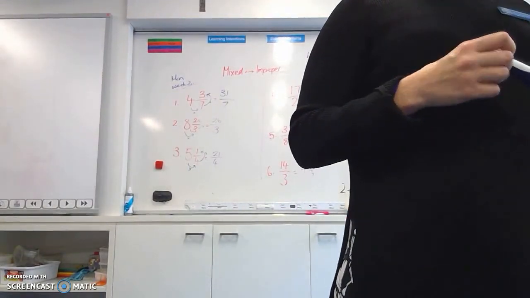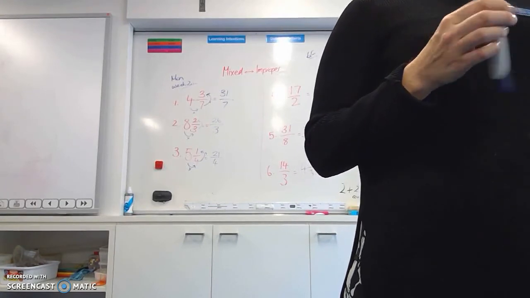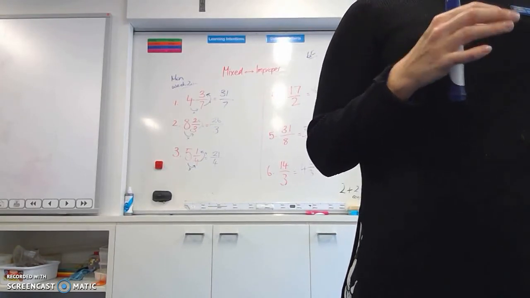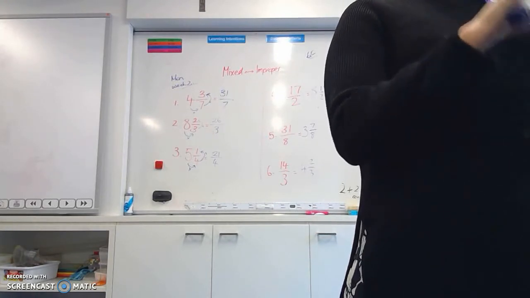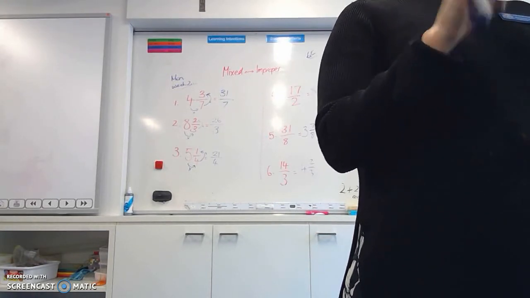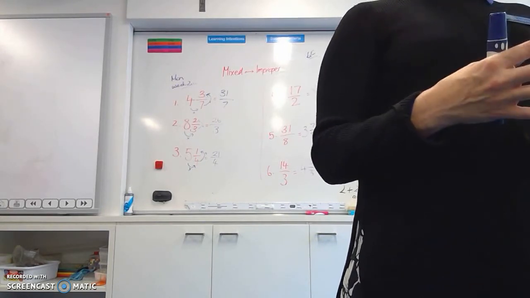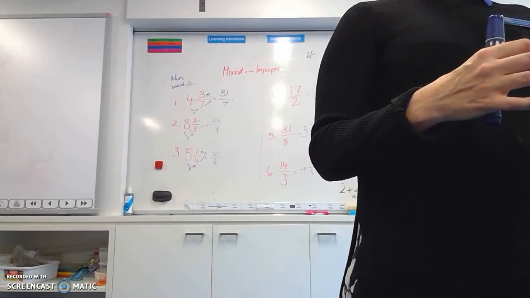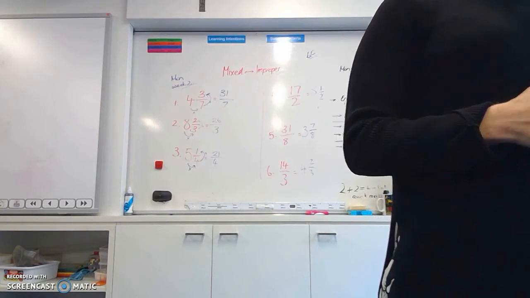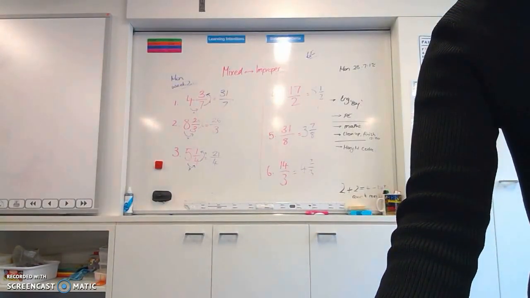If you get the first 3 or 4 really quickly and you're sure you're right, I'm happy for you to do every second question: A, C, E, etc. But if you're not getting it automatically, take your time and do each question. Essentially, it's showing the same idea that we've been going through.